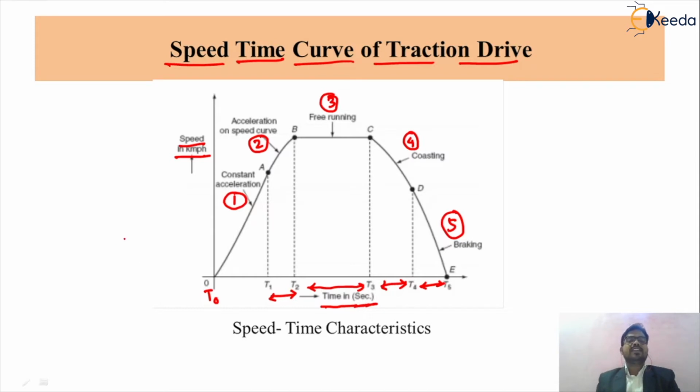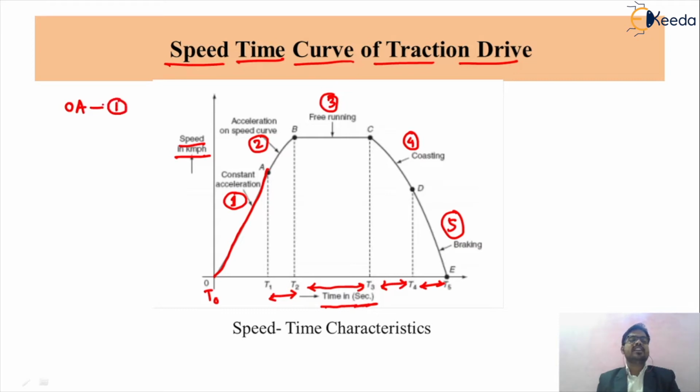Let's understand the first period. What do you mean by the first period? This is the period called constant acceleration. The curve OA represents the constant acceleration, the first curve.